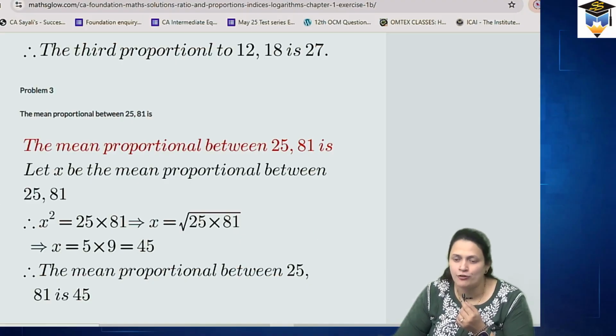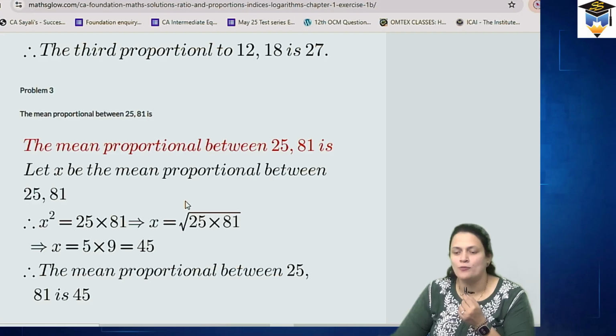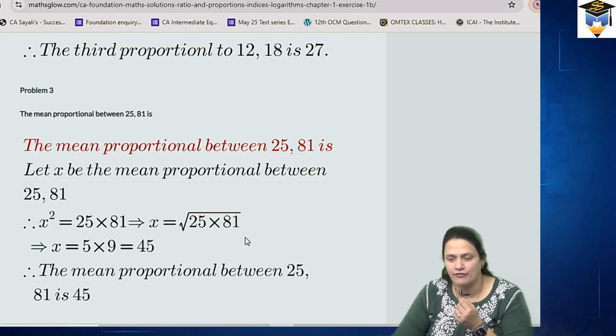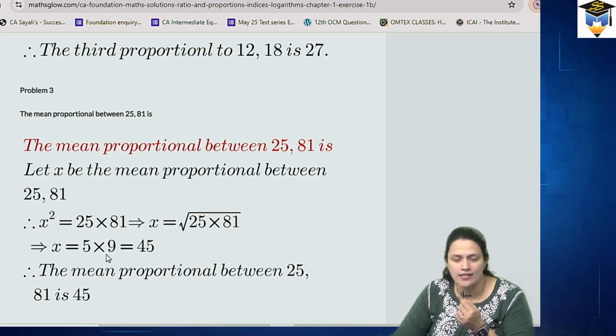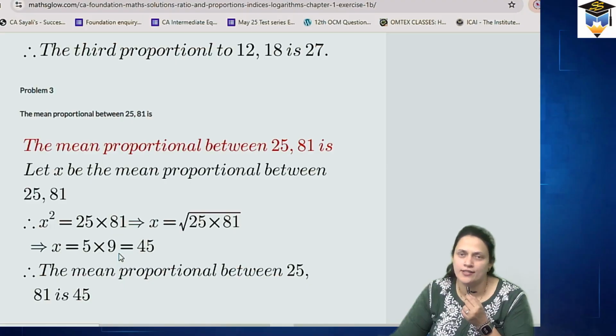Okay, we have to find out the mean proportional between 25 and 81. So b square is equal to 25 into 81. 25 is the square of 5 and 81 is the square of 9. So that is why the value of x is 5 into 9, that is 45.